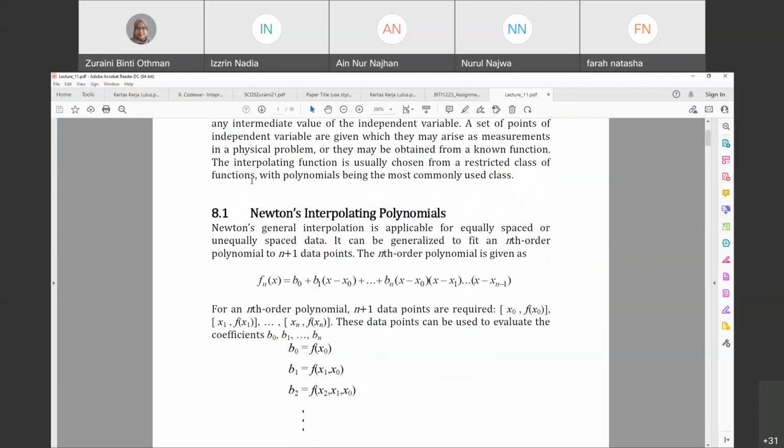The general nth order polynomial is, for example here, fn(x) equals b0 plus b1(x - x0), up to bn(x - x0)(x - x1) until (x - x(n-1)). What does this mean? This is how we find the polynomial. For example, if the polynomial we want is quadratic, f2(x), this means n is 2, the degree of the polynomial is 2.